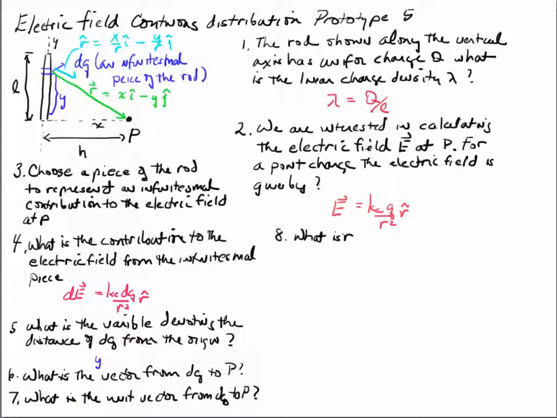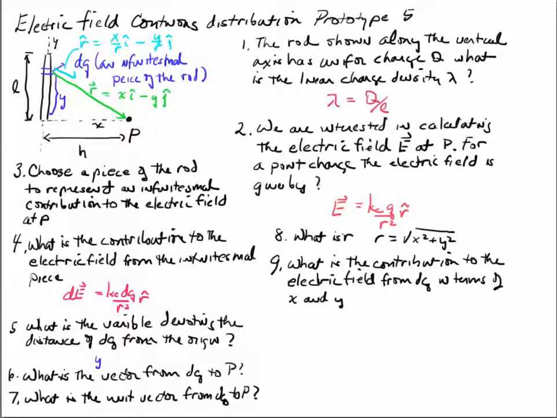That was my next question, so go ahead and determine what R is in terms of x and y. And that's given by the square root of x squared plus y squared.